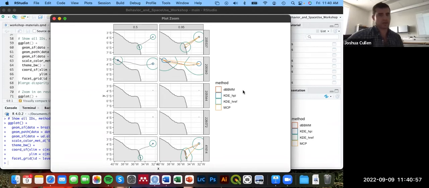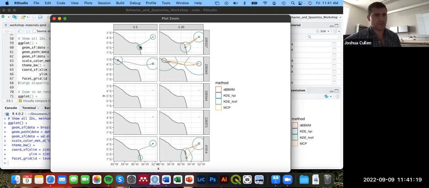So red is the dynamic Brownian bridge model. Blue is the plug-in method for kernel density estimation. Green is the reference bandwidth method for kernel density estimation. And gold is the 95% minimum convex polygon. So we're not going to see a minimum convex polygon for the 50% contour.